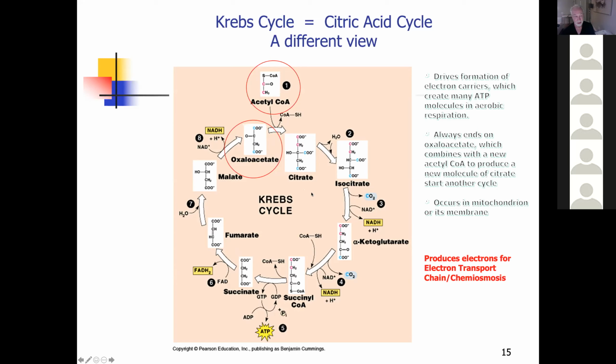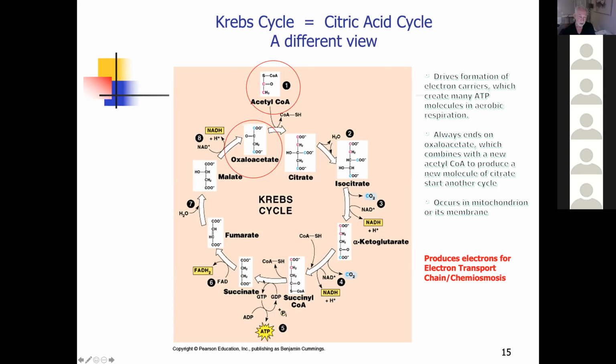And what happens here, there are 2 points at which the carbon chain is reduced with the yield of carbon dioxide, after isocitrate and after alpha-ketoglutarate. And at several points, reducing power is generated in the form of NADH or FADH2.